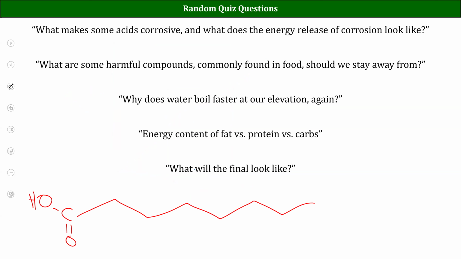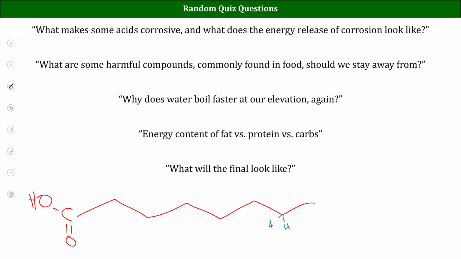We've talked a little bit about energy content, or about biochem. Somebody asked a question about the energy content of fat versus protein versus carbs. Basically, it just has to do with how well your body breaks them down. It turns out that all of these carbon-carbon bonds, and the ones that aren't shown are carbon-hydrogen bonds, are not as stable as carbon-oxygen bonds.